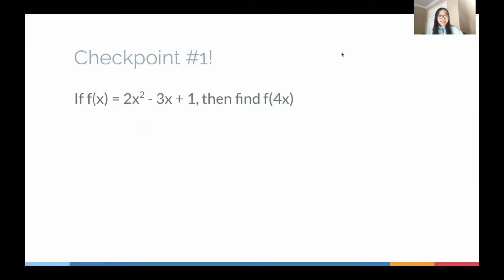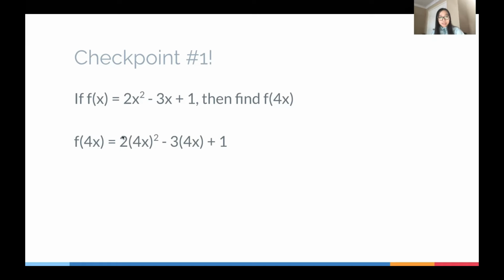Okay, so I hope you've had enough time for that. If not, that's fine as well. So what we do here is basically we replace every x with 4x. So here we know that if f of x is 2x squared minus 3x plus 1, we can just put the 4x into each of these x's because that's what our input is. It's 4 times what x is.